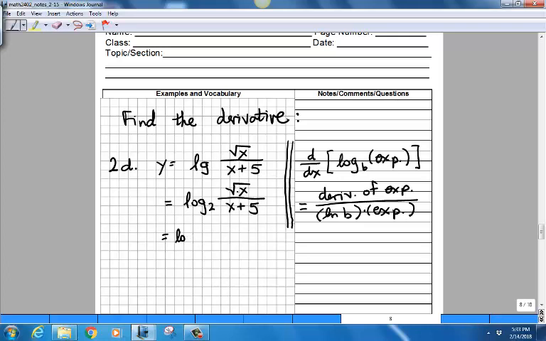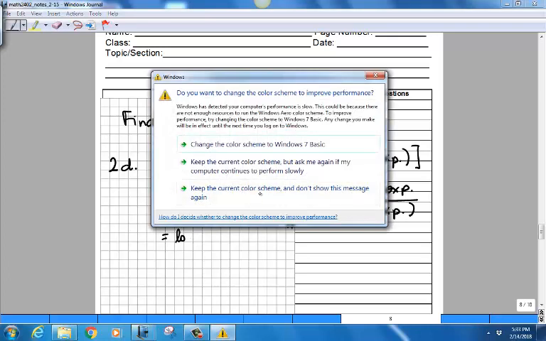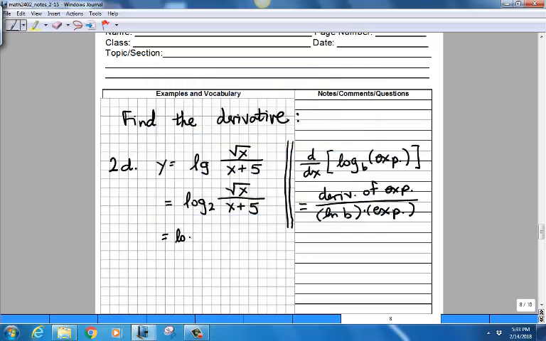So log base 2 of square root of x over x plus 5, that's going to be the same as log base 2 of square root of x minus log base 2 of x plus 5. And now working from this expression, I think that's going to make it easier for us to calculate the derivative.